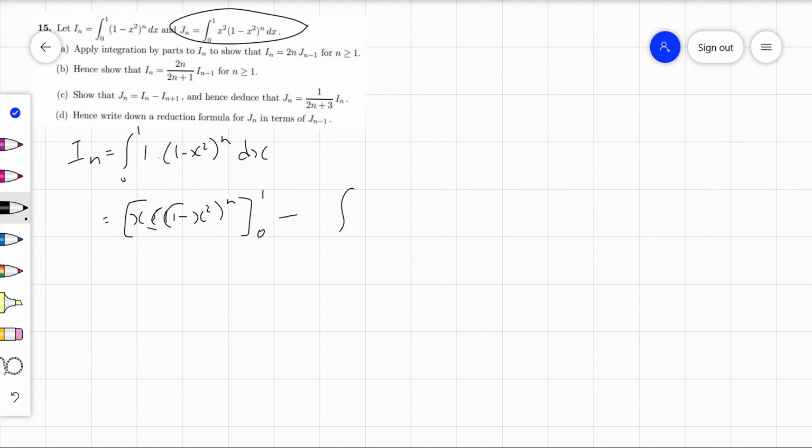Minus, the one I have integrated is x, and the one I am differentiating is this to the n. So the n is going to come at the front, and it's going to be n minus 1, and I'm timesing by negative 2x as well if I go inside that bracket. You can see here if I put the 1 in, it goes to 0. If I put the 0 in, it goes to 0. So that whole square bracket disappears.